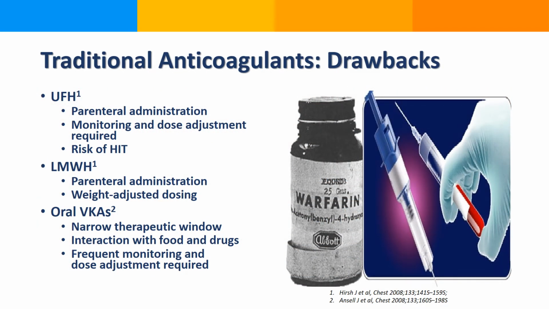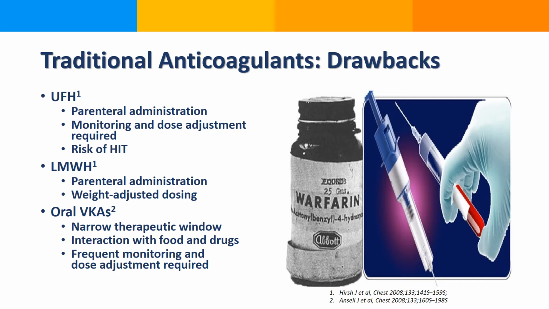Traditional anticoagulants have certain drawbacks that could impact patient compliance to the administration of anticoagulants. Unfractionated heparin is given by the parenteral route, needs monitoring and dose adjustment, and bears a risk of heparin-induced thrombocytopenia.